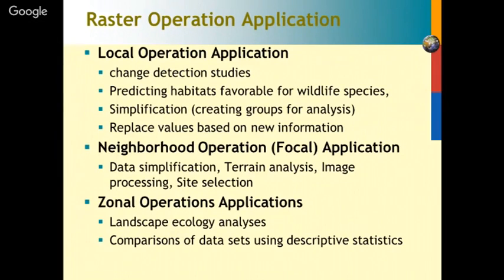So in a nutshell, local operation is generally used in applications like change detection studies, or to find out favorable habitat for wildlife species. Basically, it's used to generate a suitability map for different species. Then there's a process of simplification, which allows you to create groups or simplify your data sets. That is again based on local operations.